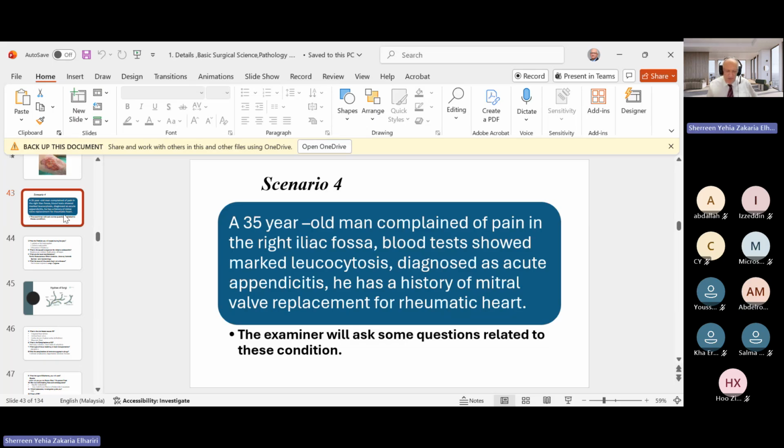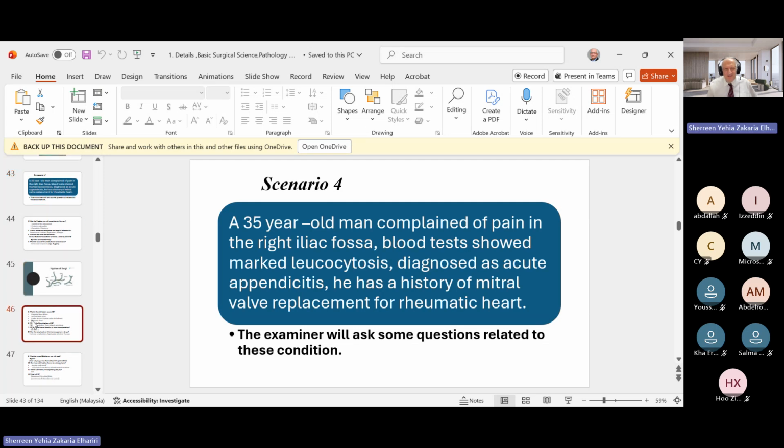Any ratio must be between two things. It is a ratio between what and what? Between prothrombin time and clotting time. Between prothrombin time and control, not clotting time. What is normal prothrombin time? 15 seconds. Okay.